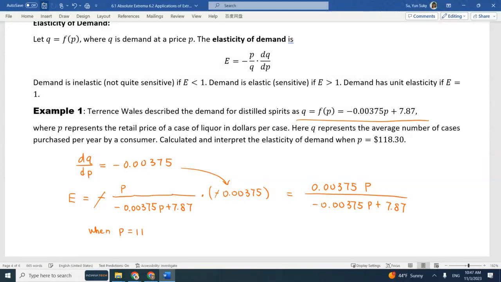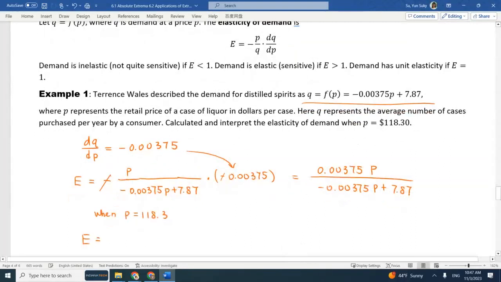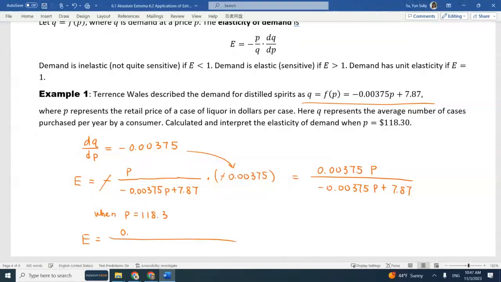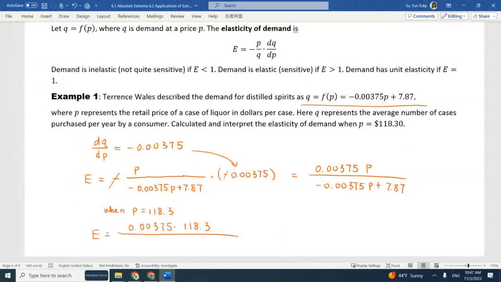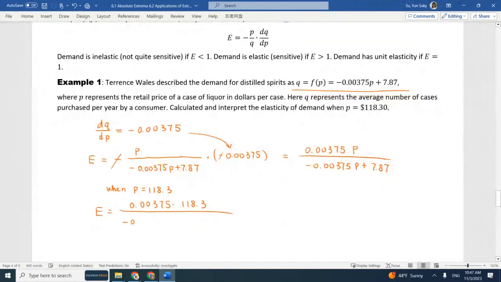So we plug in, and then our E is 0.00375 times P, what is P? 118.3. Denominator: negative 0.00375 times P, 118.3, plus 7.87.